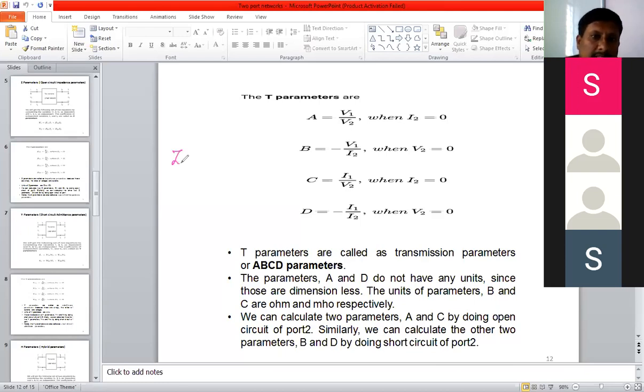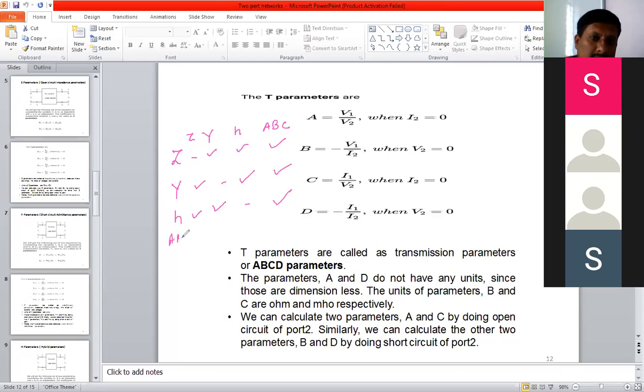So Z parameter is there. Z parameter in terms of Y, in terms of H, in terms of ABCD. Next consider Y: Y in terms of Z, Y in terms of H. Next take H: H in terms of Z, H in terms of Y, and H in terms of ABCD.